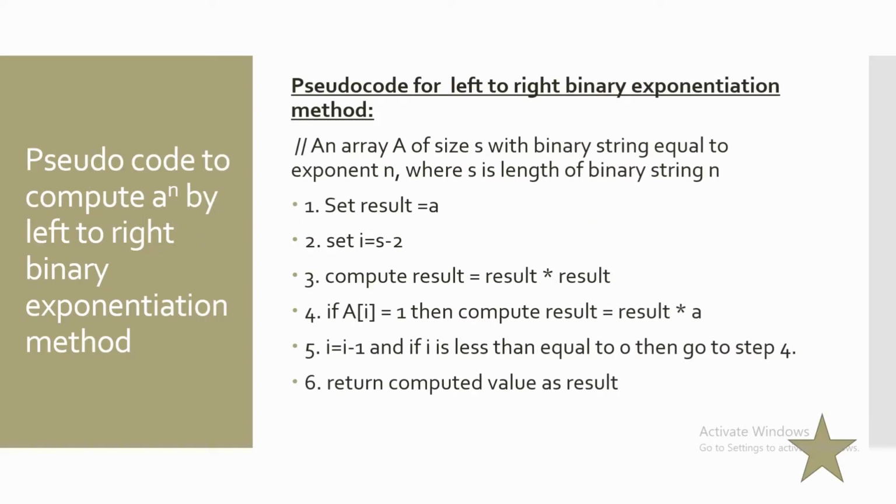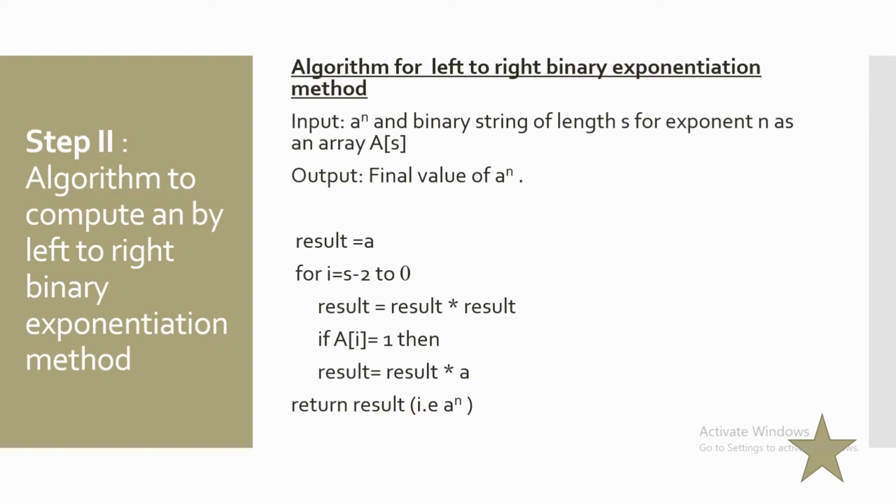For this I'm moving directly to the program. So what we are doing, we are given the input: I have to find a raised to power n, and a binary string is given which contains the binary representation of n. For example, if n is 5, what will be the binary of n? 5 is 1, 0, 1.